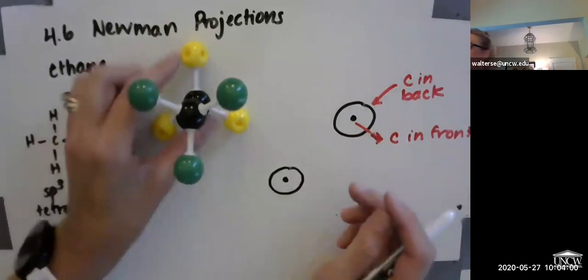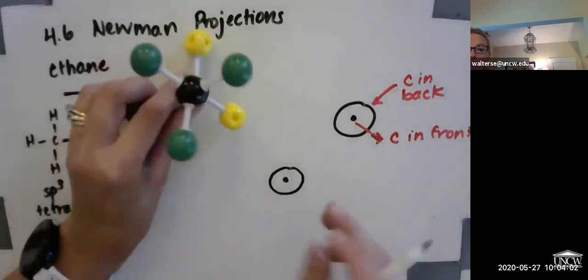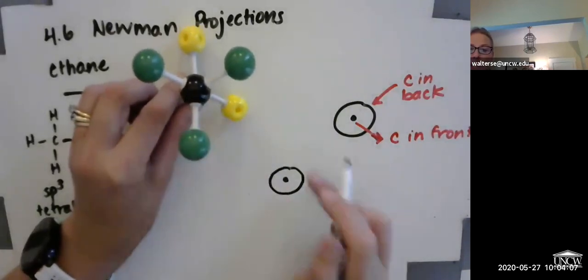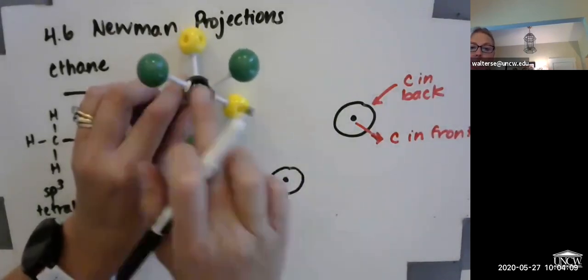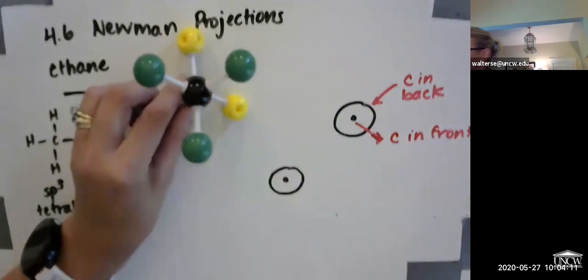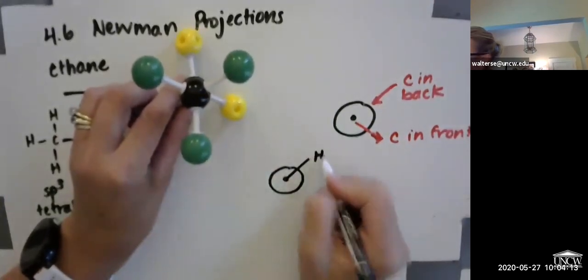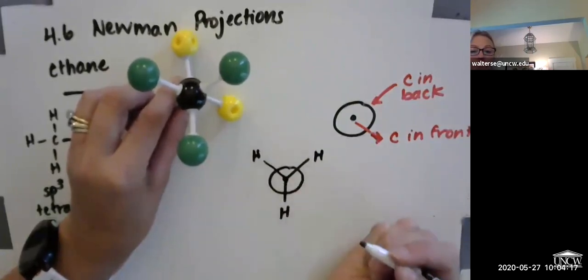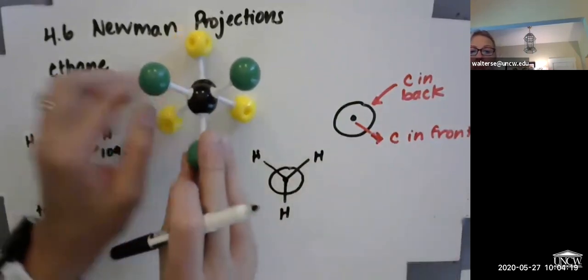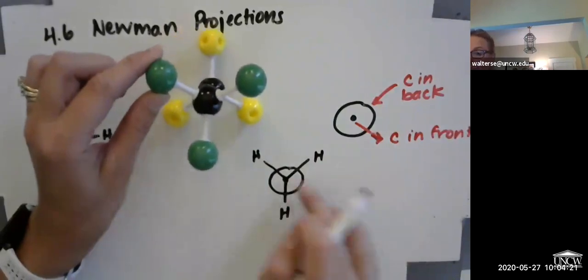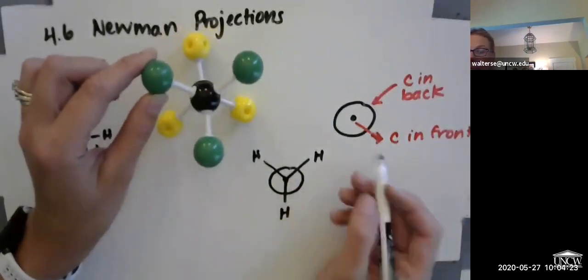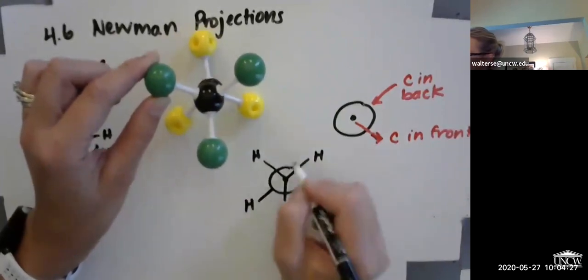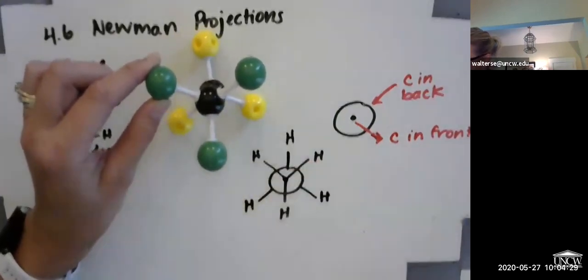Okay, so now if you look at this molecule orientation, the front carbon is the dot, and it's attached to these green hydrogen atoms. Hydrogen, hydrogen, hydrogen. Then on the back one, this circle, they're coming off like this. Okay.